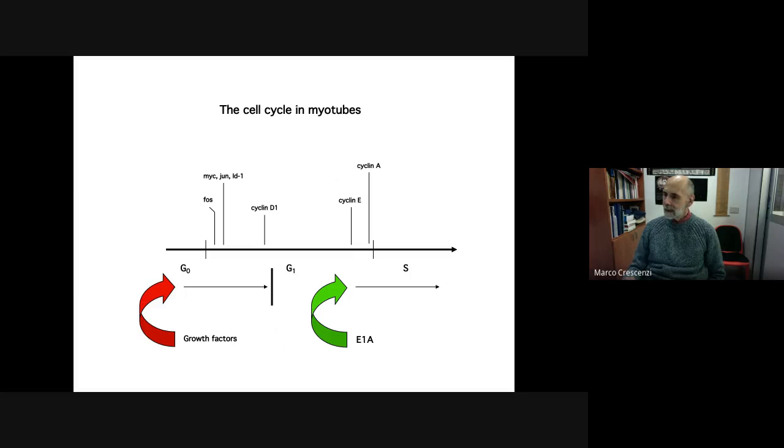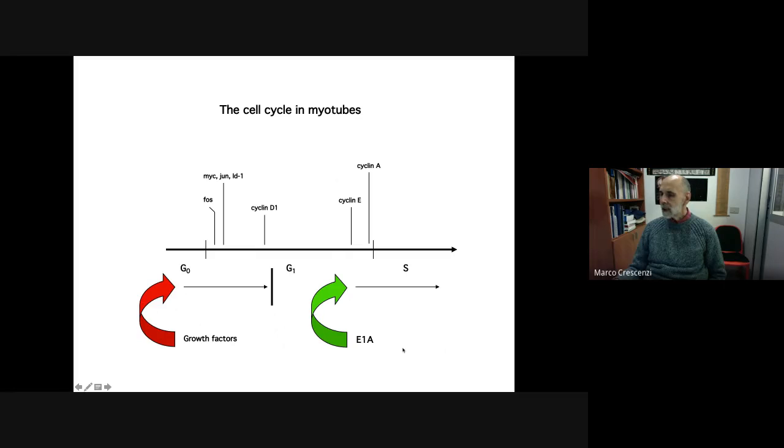However, we didn't necessarily like E1A in all regards. Well, first of all, because E1A could not give us any information about the block, because it didn't break it. It just jumped over it. And so we still didn't know what the block was made of in these cells.